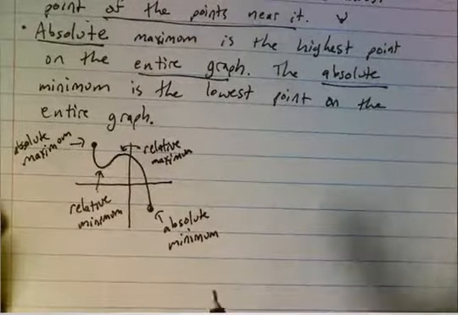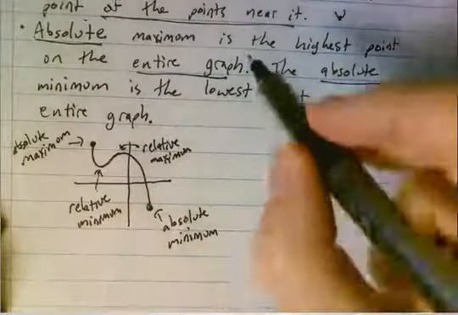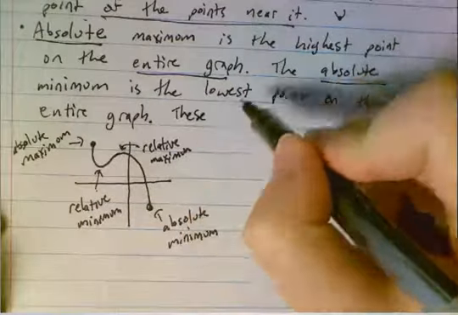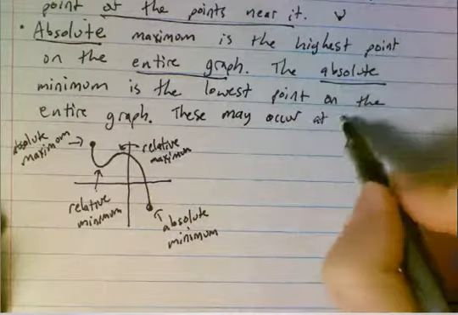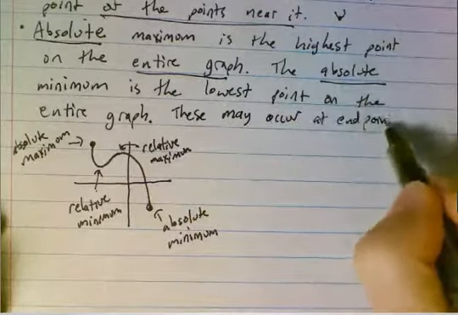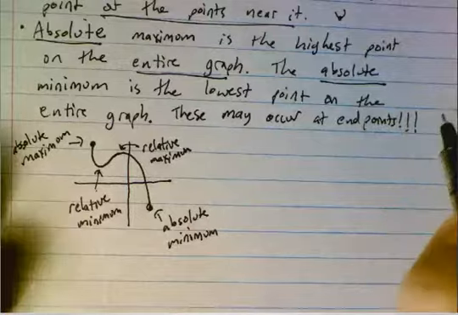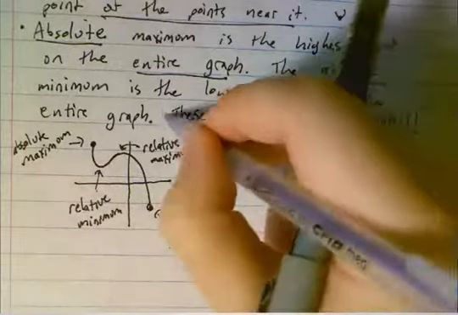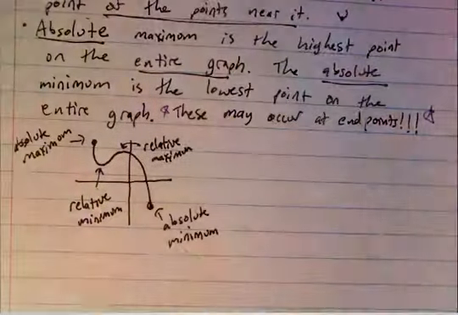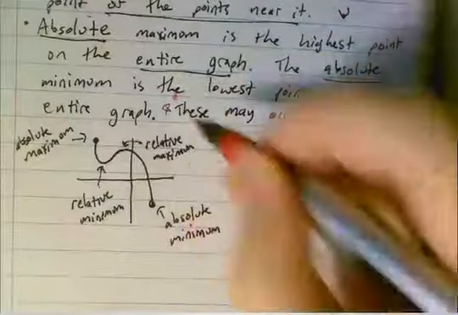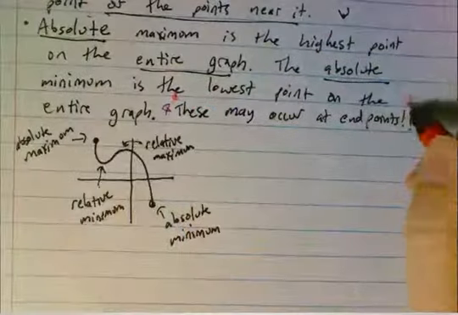So one of the really key things to be aware of is that these may occur at endpoints. I'm actually going to go and star this because it's a really important thing to be aware of.